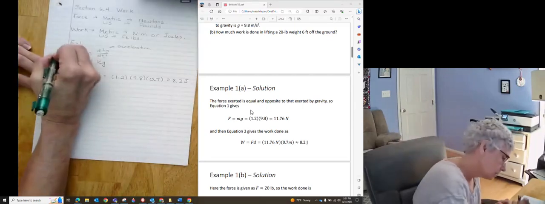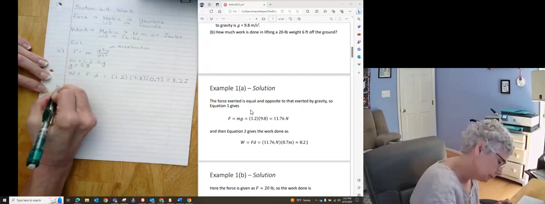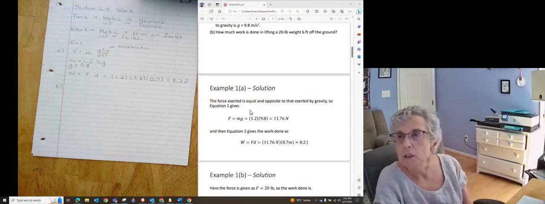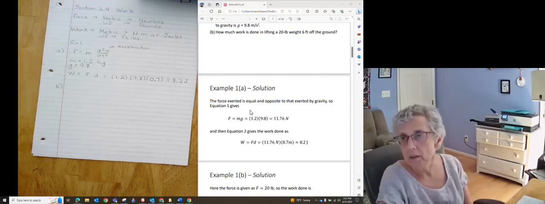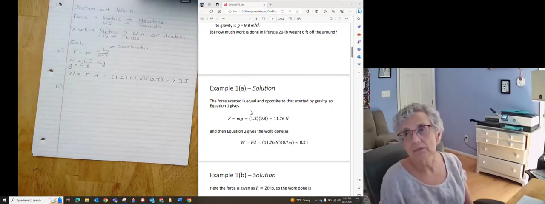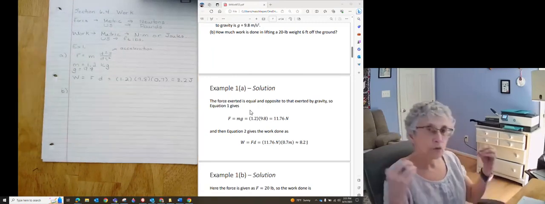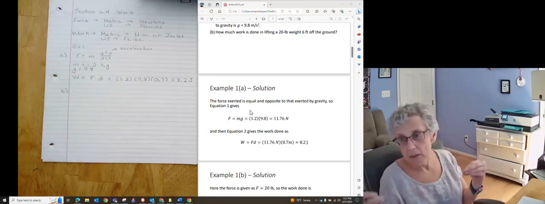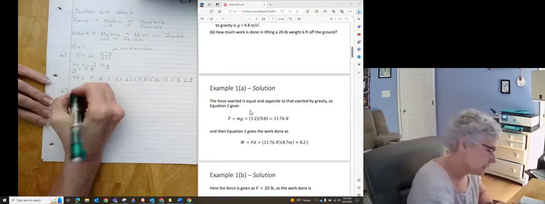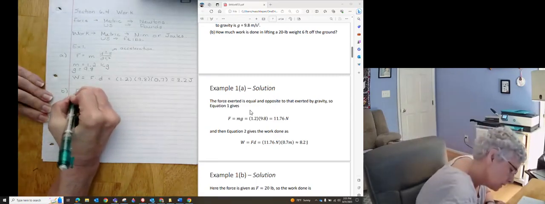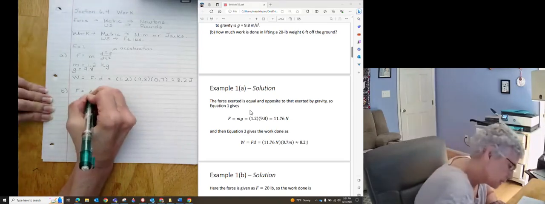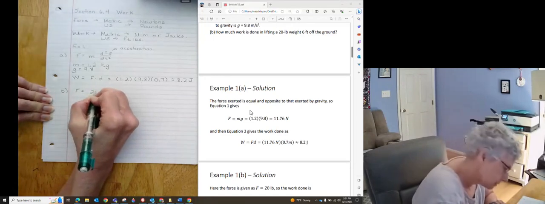Part B, we have a 20-pound weight being lifted 6 feet off the ground. So force is already included in the pounds. Pounds includes acceleration due to gravity. So force is equal to 20 pounds.